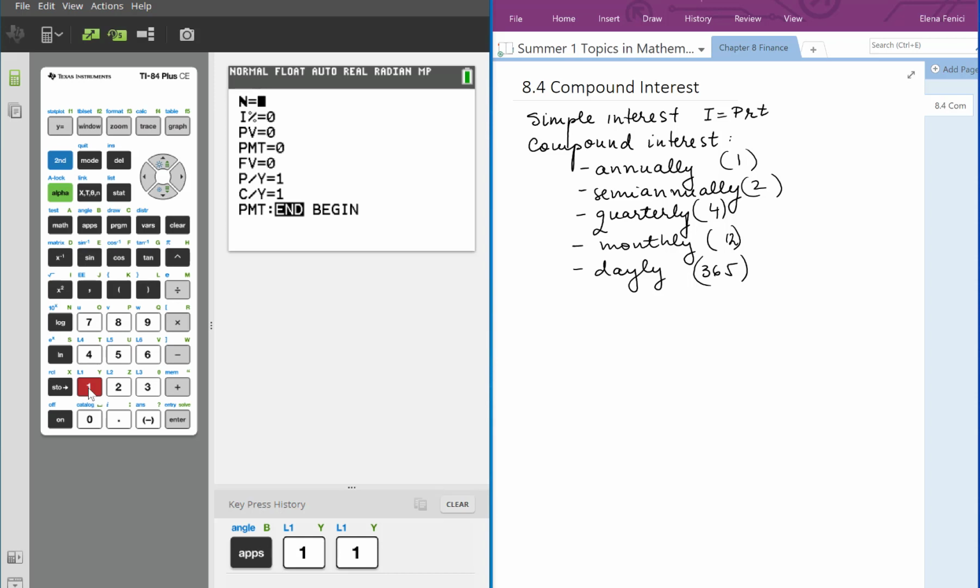P/Y is where you write how many times your interest is compounded. So if the problem says quarterly, you put 4 here, and C/Y automatically changes to 4 as well. If it's monthly, you put 12 here, and this changes to 12 as well. And you always use and. So let's do a few problems.